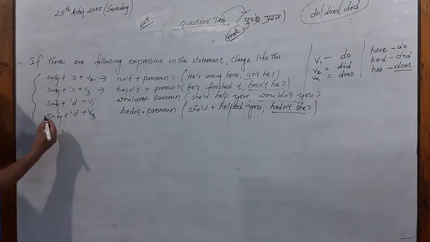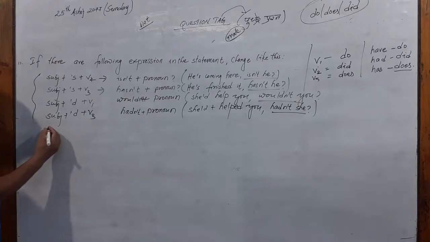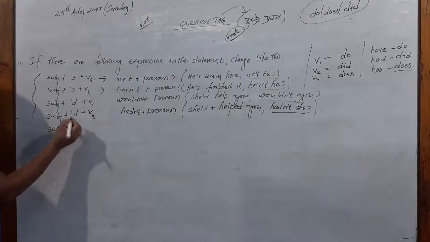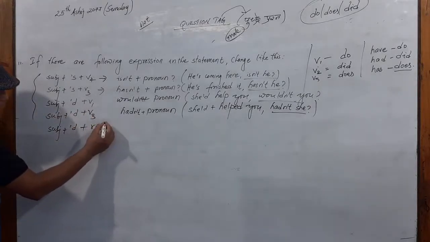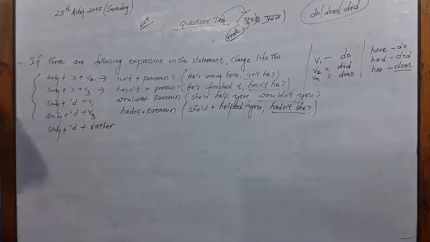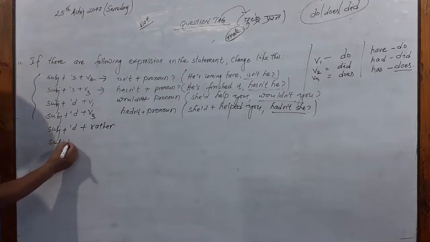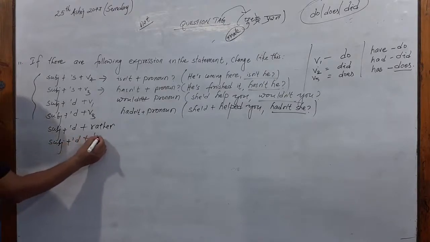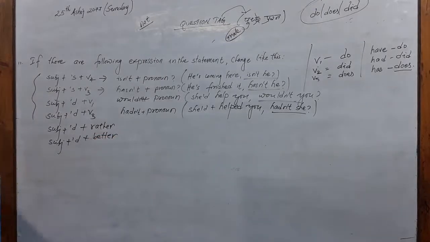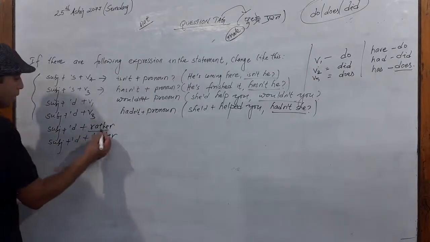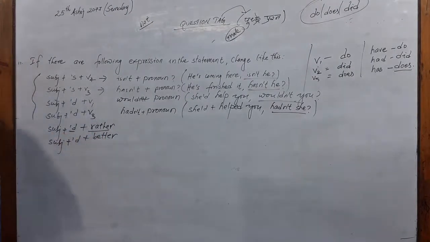And one more example is here. If there is subject plus apostrophe D plus rather, or subject plus apostrophe D plus better, you may know about these rules. If there is rather, then this is always would.